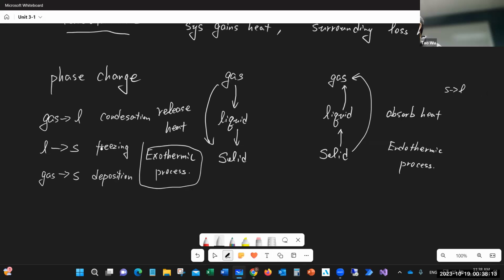Solid to liquid is melting. From liquid to gas is vaporization. And from solid to gas is called sublimation. So these three phase change processes are endothermic.